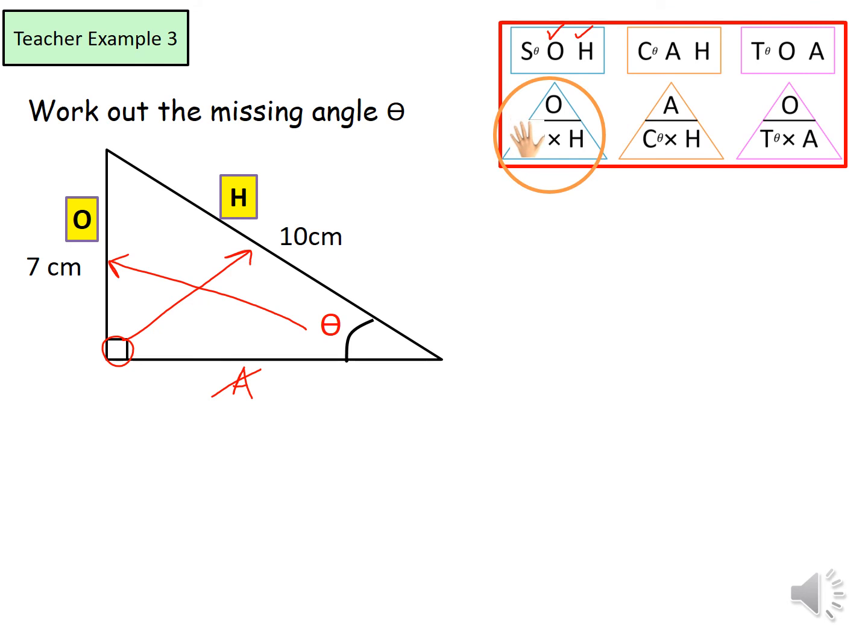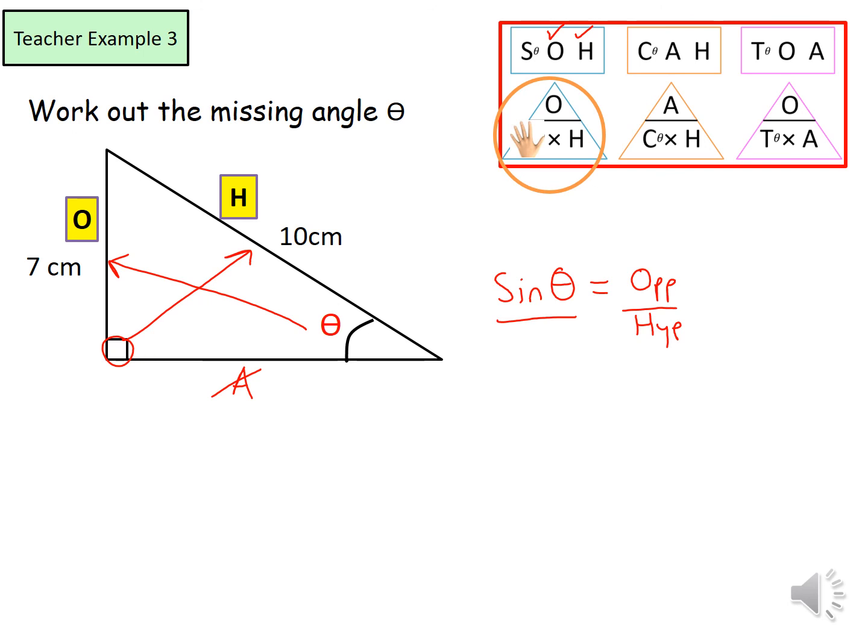Alright, what we need to do now is write it out. How would this look like? It would look like this: sine theta or angle equals opposite over hypotenuse. We need to separate this part here, sine theta, because we're trying to get the angle on its own.